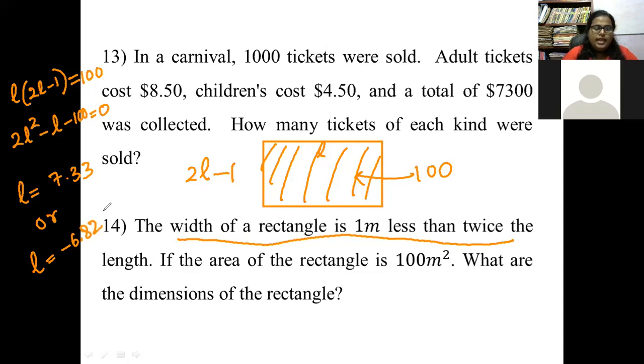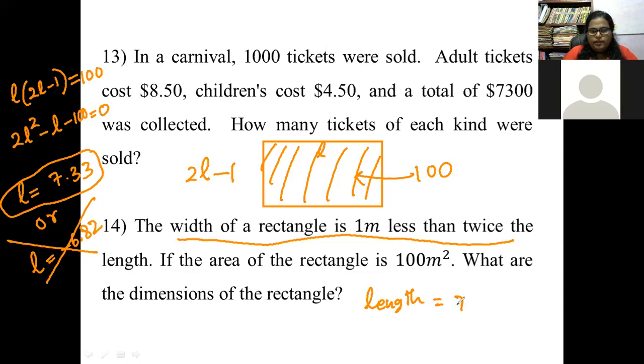So since L is a length, we can't take this negative value. So L should be 7.33. So the length of this rectangle should be 7.33 meters, and we have to find the dimensions of this rectangle. So we have to write both length and width here.